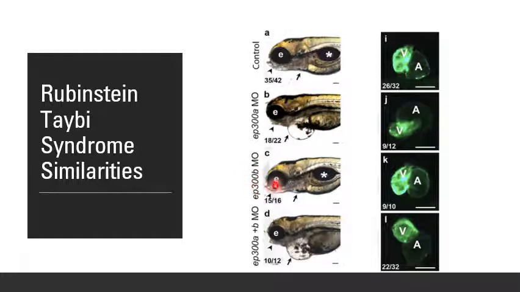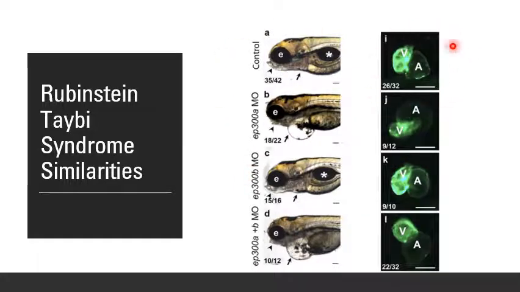Interestingly, EP300B knockouts actually seem to show regular jaw development and heart development. But when you knock out both of them, we have the issues associated with RTS development. It does seem that EP300A plays a bigger role than EP300B in the development of RTS, which is kind of an interesting note as far as modeling in zebrafish.